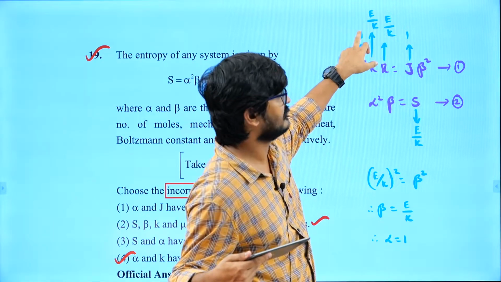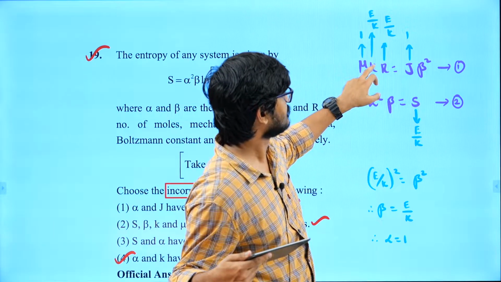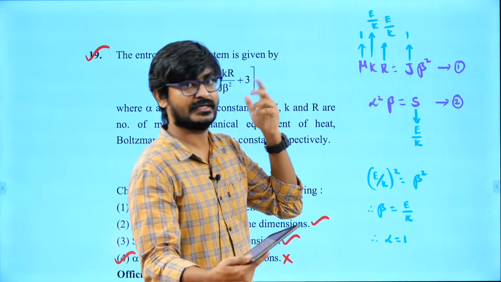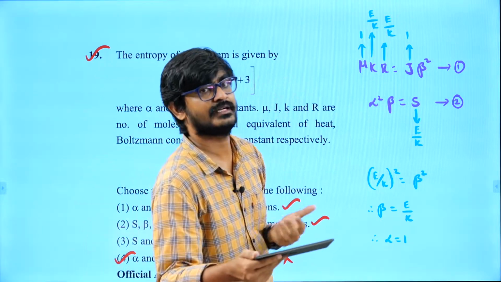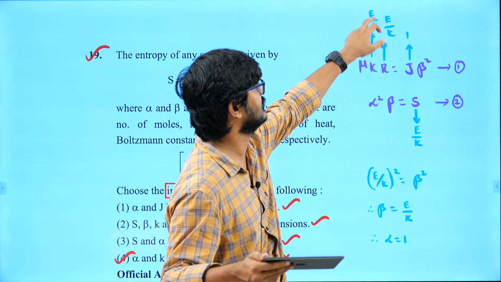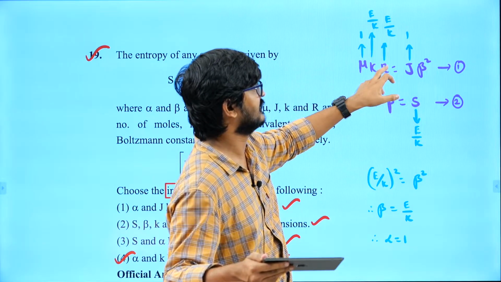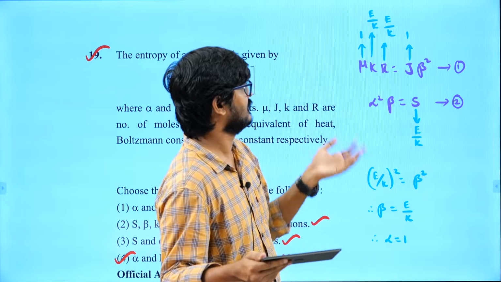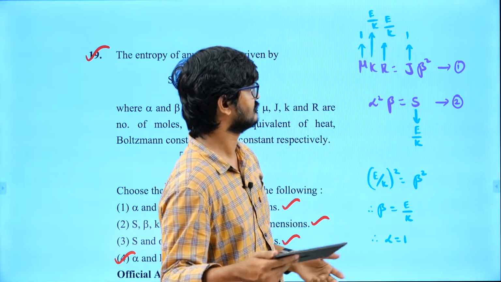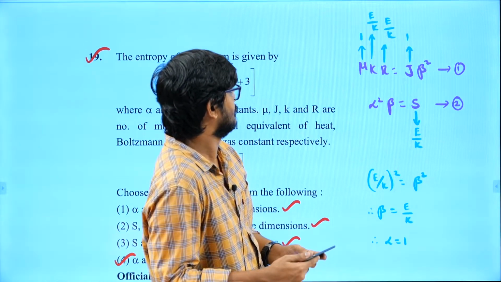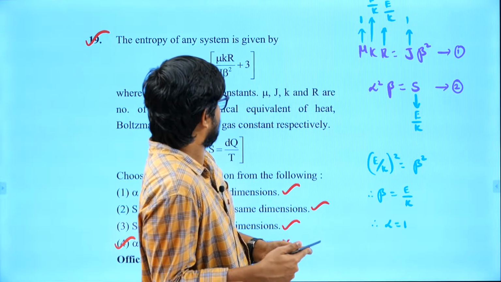Now number of moles won't be having any dimensions. Now K, 3 by 2 kT, 1 by 2 kT. So kT will be having dimensions of energy. So K will be having dimensions of energy by Kelvin. So similarly, kT or RT will be having the same dimensions, right? So from there, what I need to do, I think I can get everything.